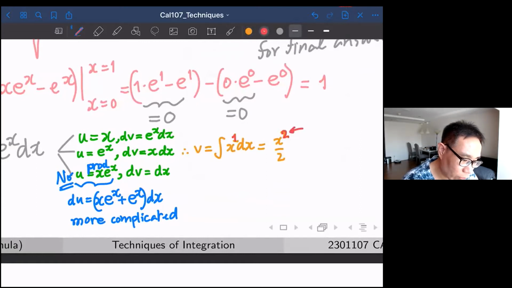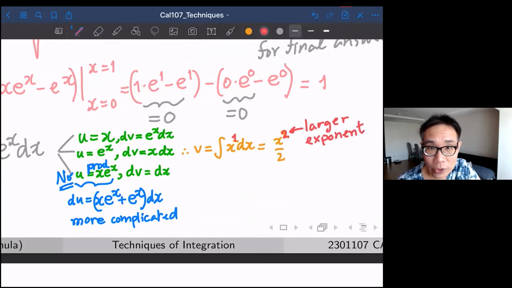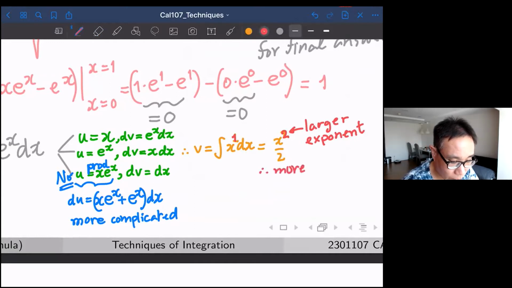So you get a larger exponent. So if you use the second case, you obtain a larger exponent, and it's going to be more complicated.